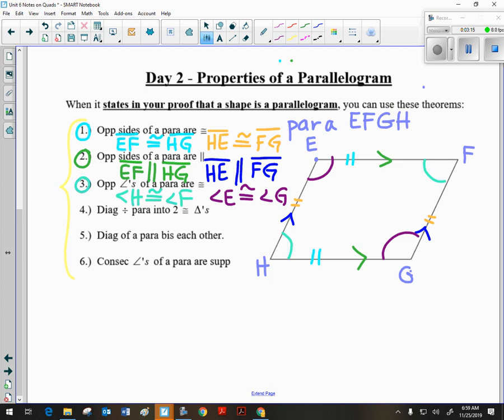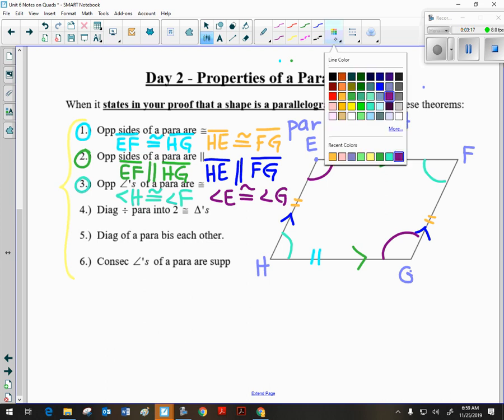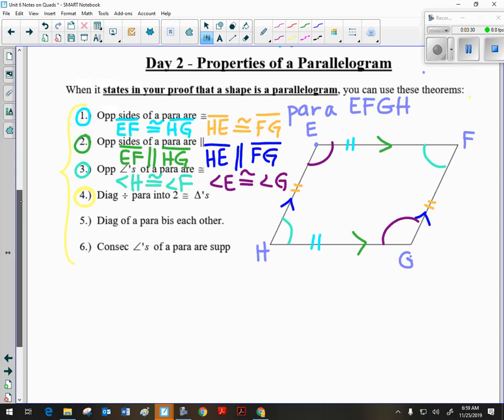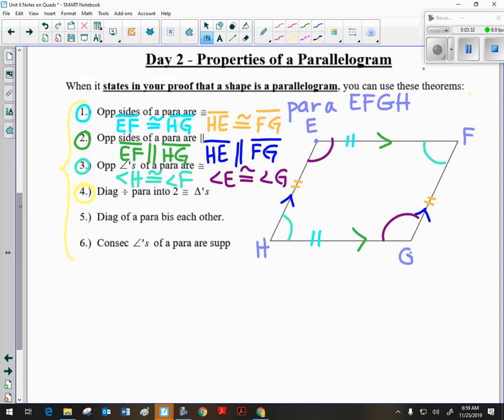The next property, number 4, is talking about a diagonal dividing a parallelogram into 2 congruent triangles. This is one of the circumstances where you have to be a little extra careful to make sure that you're understanding what that reason is saying. That reason is saying that if you draw one diagonal in, and I'm going to put this over here.